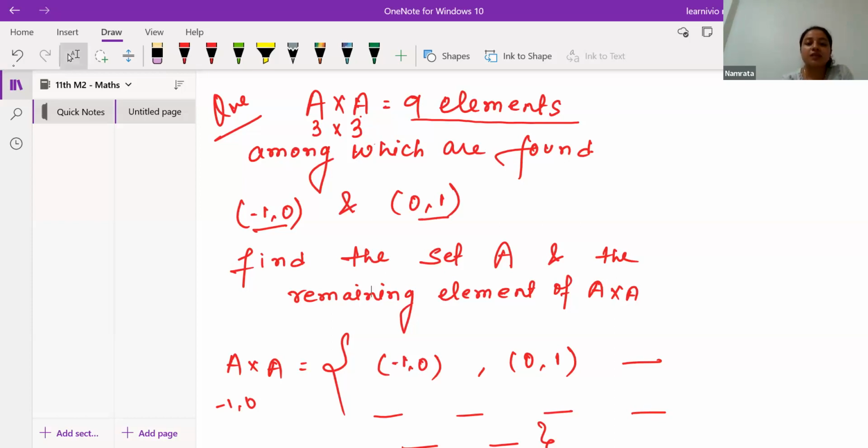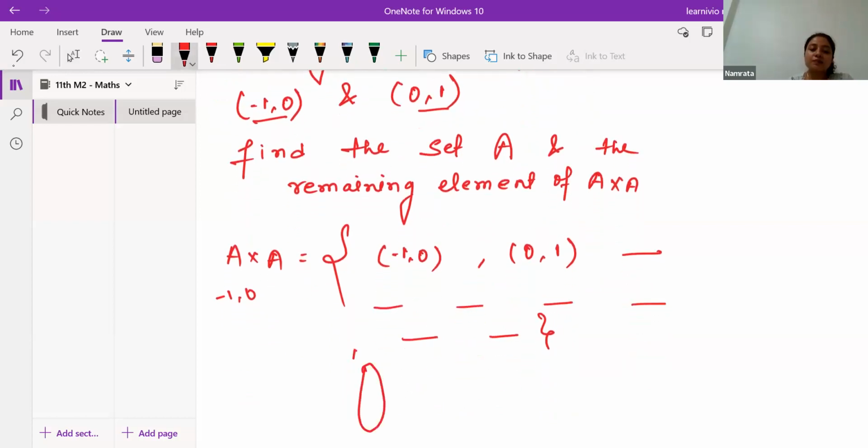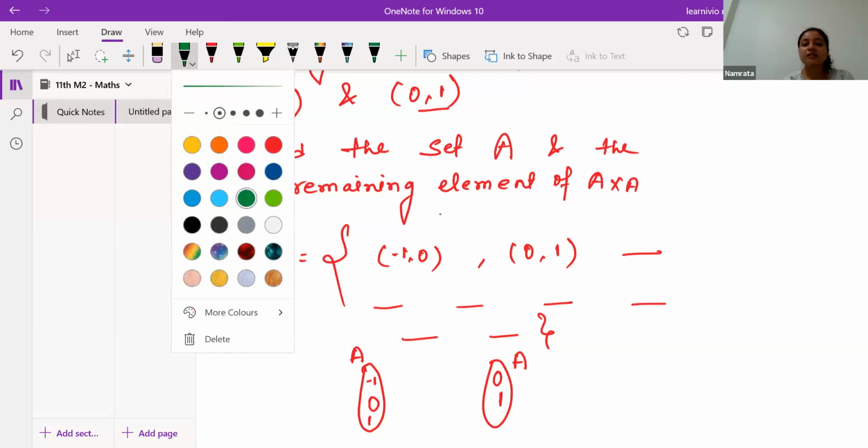So let's write it. Let's make the set. If we are having set A and another set A, here 3 elements must be there. One of the elements is -1, another element is 0. In the other set, one of the elements is 0 and another element is 1. So can we say the 3 elements are -1, 0 and 1? Are you getting it, Izan? Yes, ma'am.